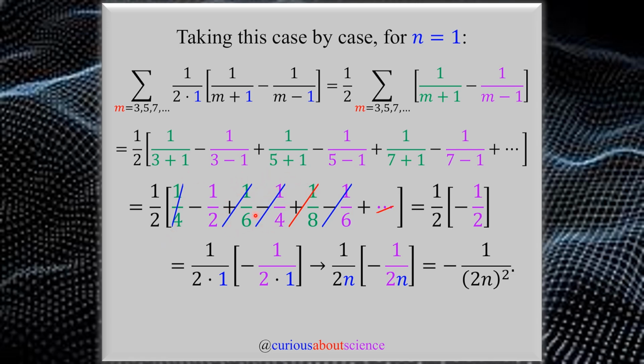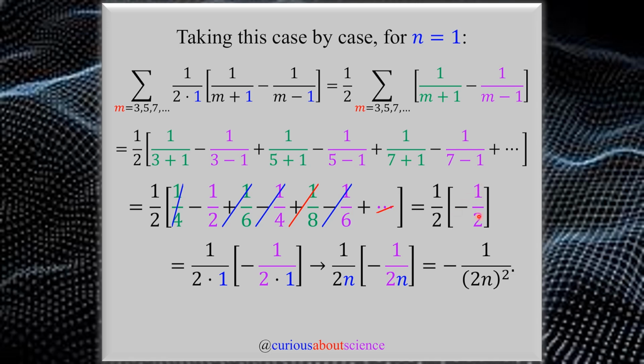We see that this green 1/6 cancels with that negative 1/6. And in fact, all these green terms cancel with some successive purple term. But we have one term remaining, which is the negative 1/2. So we see that this is equal to 1/2 times negative 1/2. Cool.